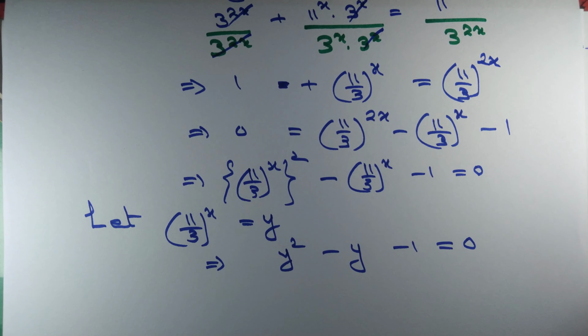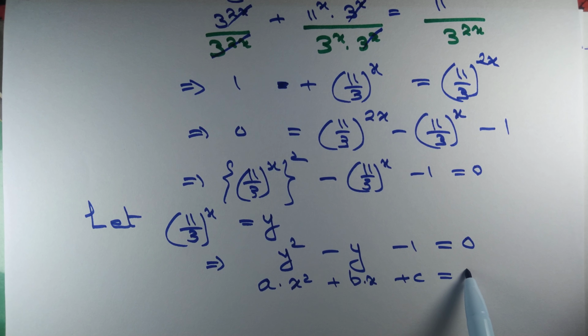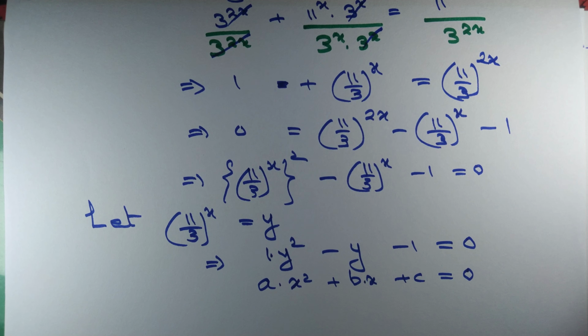This is a quadratic equation. We recall what exactly a quadratic equation is: ax square plus bx plus c equal to 0. Here if we compare, a equal to 1, b equal to minus 1 and c equal to minus 1.